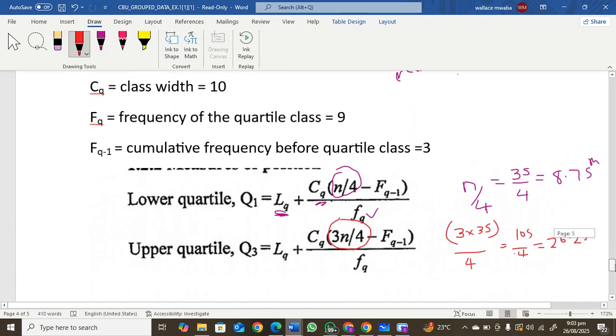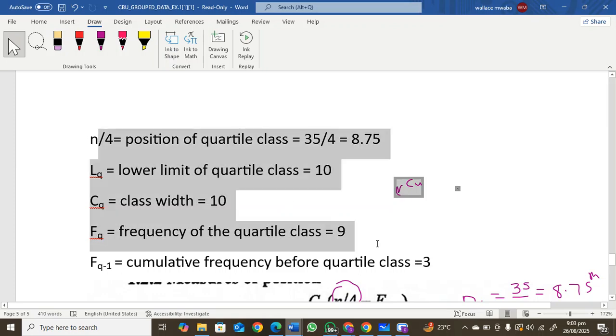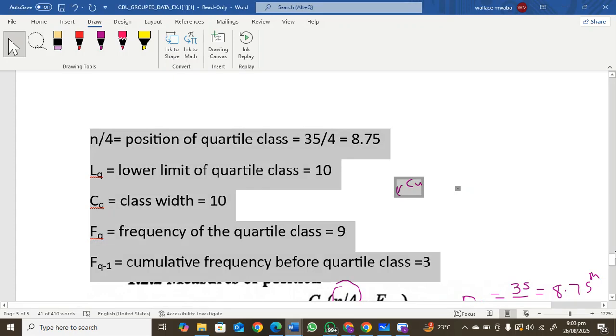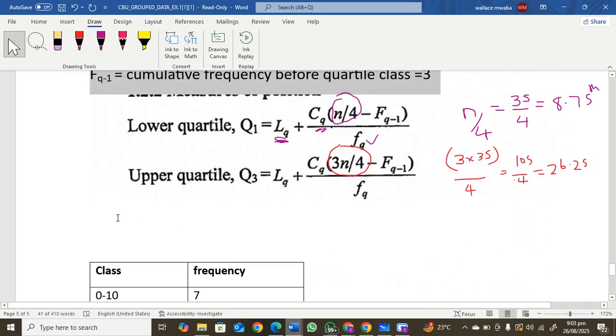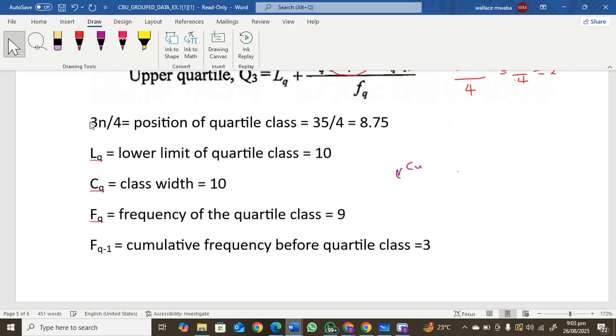So since we've determined our class is 20 to 30, the lower limit is 20.